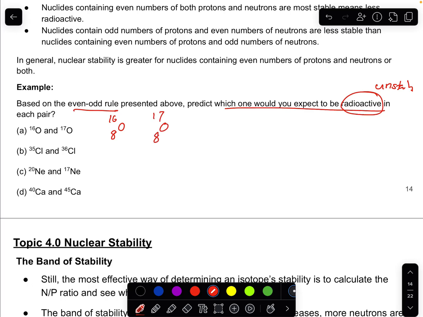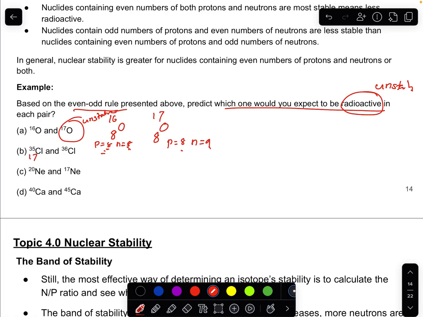Look at the protons and neutrons. Protons 8, neutrons 8. This one is protons 8, neutrons 17 minus 8, that is 9. So this has odd and even, while this has both even. So that is more stable, and this is unstable. That means it is radioactive.